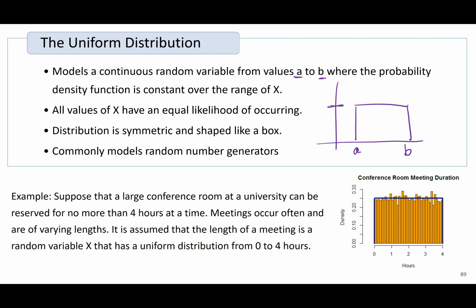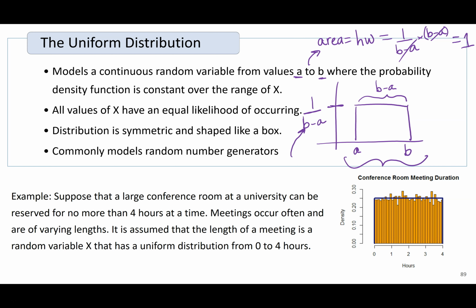So if this distance here is B minus A, this means that the height of the rectangle is 1 over B minus A. My area is height times width, so it's 1 over B minus A times B minus A. These will cancel and you'll get 1. A lot of times we'll give you this information and we'll expect you to find the height.